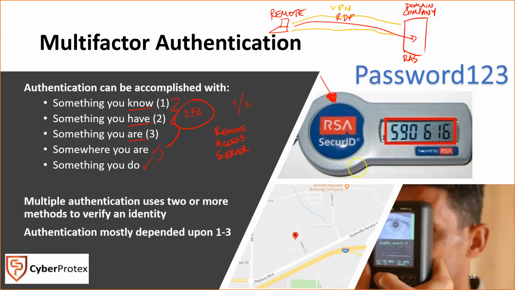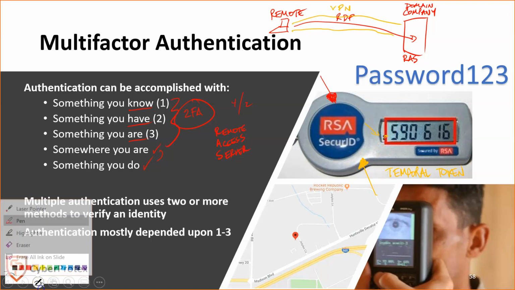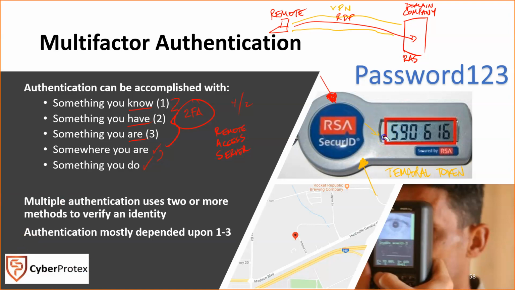And these types of devices we call a temporal token, meaning that it's time-based, and you can barely see it right here. There are two little black ticks behind it.